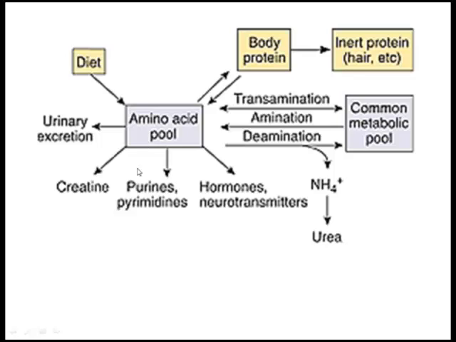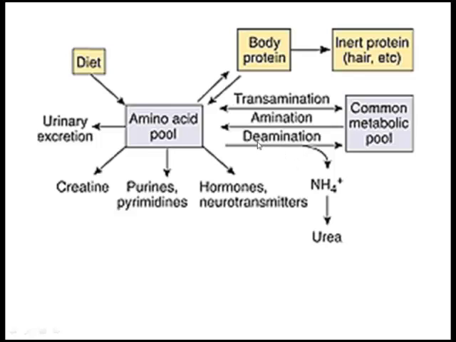So this amino acid pool can participate in urinary excretion of amino acids, formation of creatinine, purine, pyrimidine, or formation of hormones and neurotransmitters. Between the amino acid pool and the common metabolic pool, there are certain metabolic reactions or transformations like transamination, amination, or deamination.